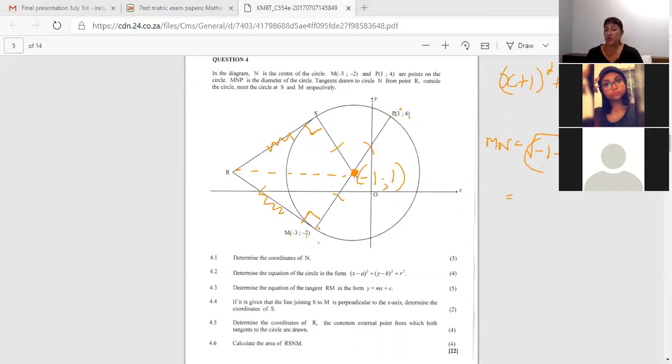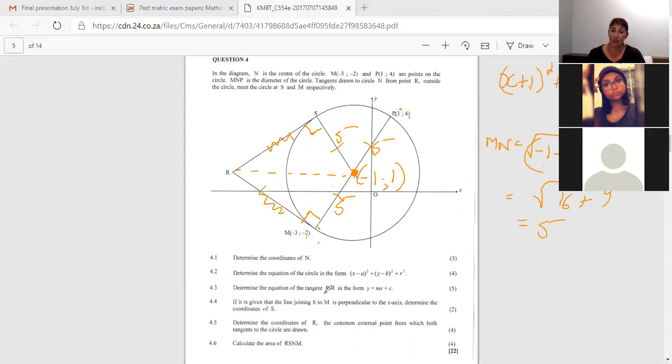Minus 1 plus 3 is 4, 4 squared is 16. 1 plus 2 is 3, 3 squared is 9, root 25 is 5. I'm using the general form for a circle where the center is (a, b), here -1, 1, opposite signs.